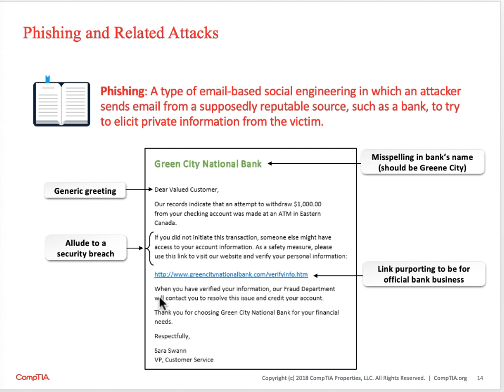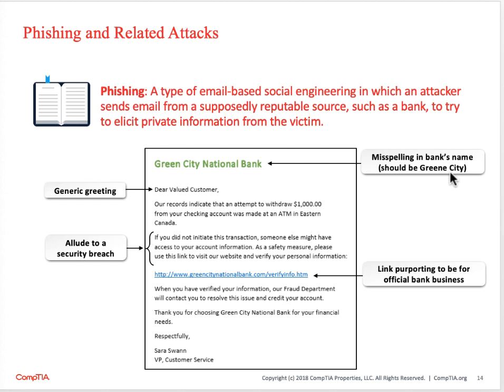So, common ways we can try to identify a phishing attempt is noticing the misspelling in something, because a lot of times these are thrown together in a haste. A lot of times these may be coming from foreign places where somebody's English may not be completely up to par.